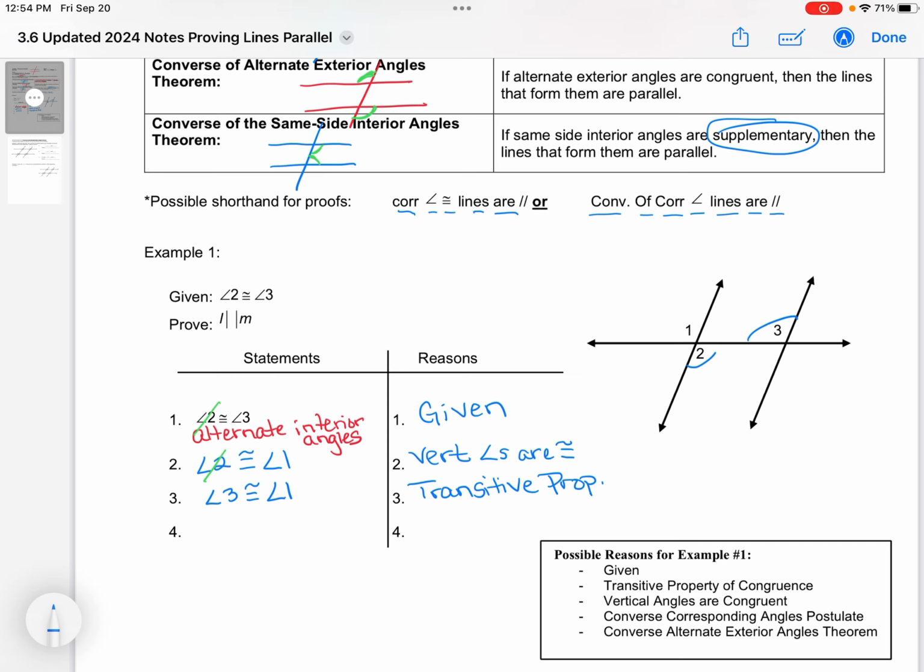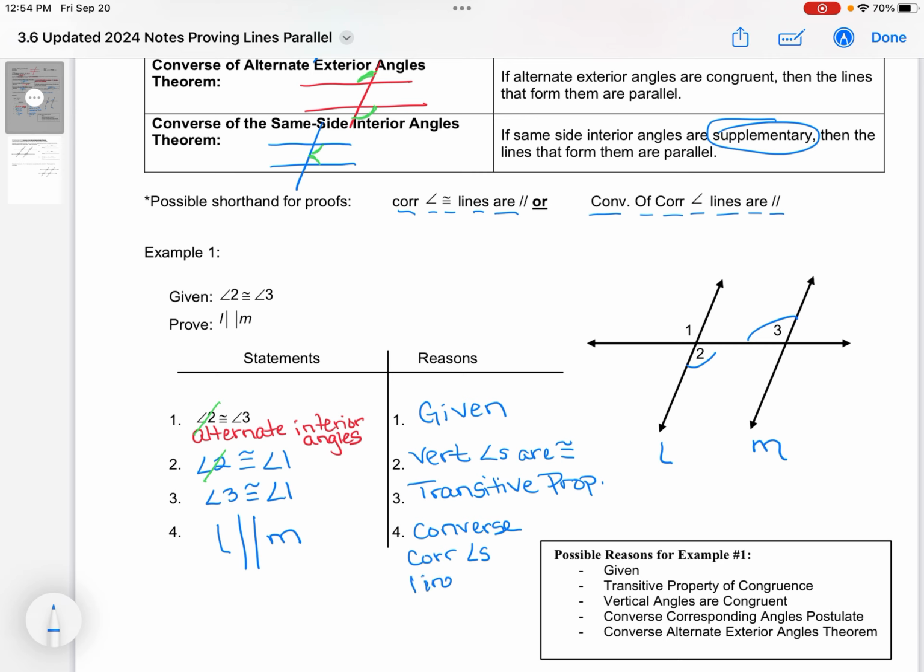And then the last thing we wanted to prove is that L is parallel to M, and theoretically this is L and this is M, because those are the two we're proving parallel, which makes sense. We're going to use converse corresponding angles. Let's think about what I'm trying to say here.